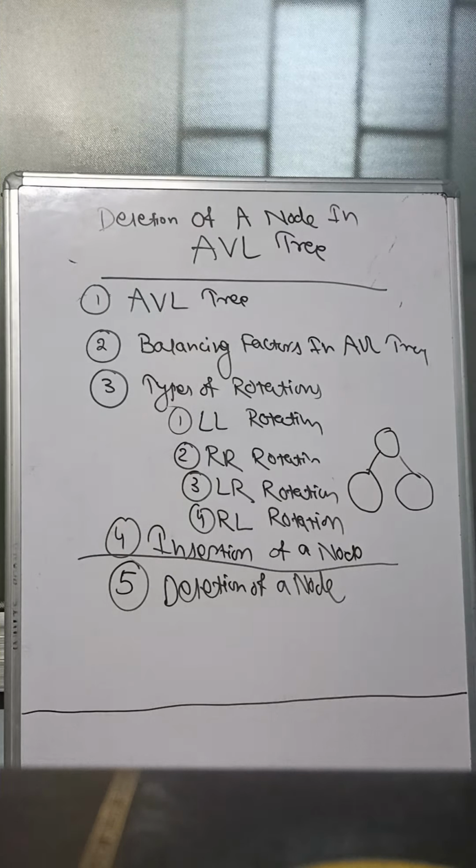If an element is inserted in the right part of the left subtree, LR rotation. If I have any imbalance in the left part of the right subtree, then I have to go for RL rotation. During insertion and deletion, generally this type of imbalance occurs in our tree, which makes the tree unbalanced, and to balance the tree I have to do these rotations.